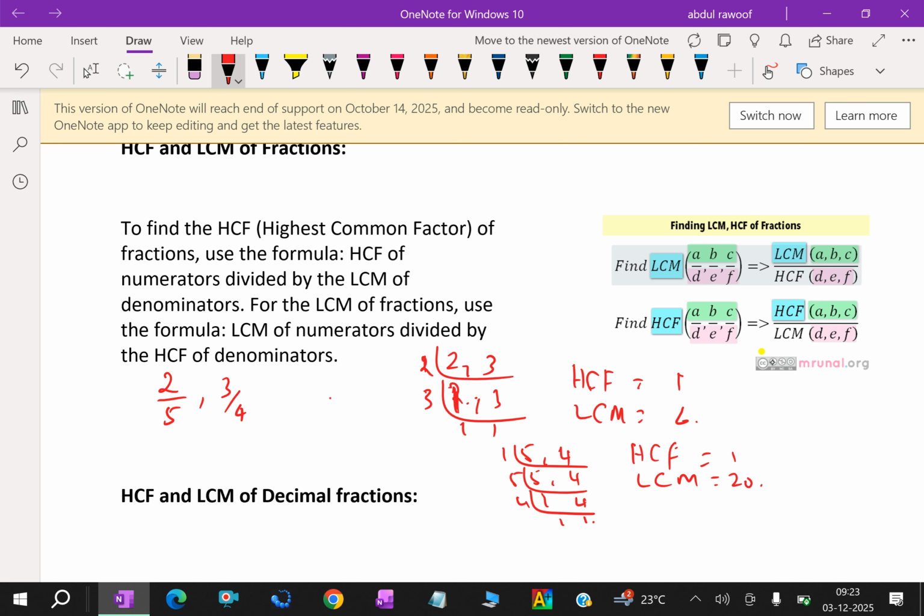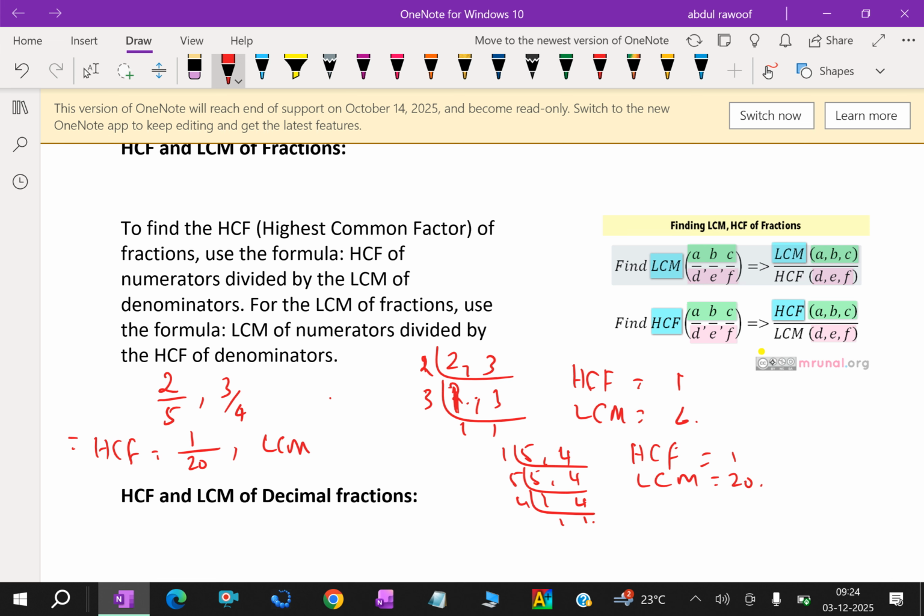So we use this for the HCF of 2 over 5 and 3 over 4: the HCF of the numerators is 1, and the LCM of the denominators is 20.